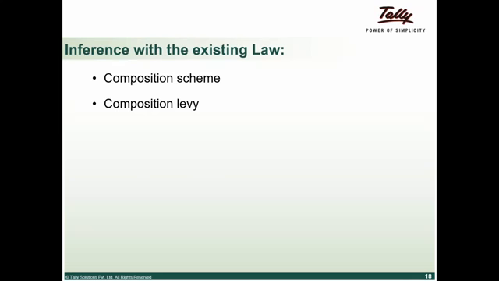Currently the composition levy is somewhere between 1 to 2% under various categories, and the current draft law does not specify the rate of composition levy, but it says that it cannot be less than 1% of the total turnover of the composition dealer for the given month or period, right? Since it's a quarterly return, it is going to be for every quarter. But there is no specific rate that has been specified yet.